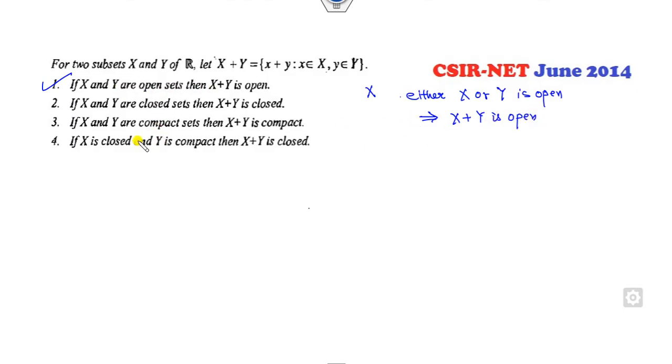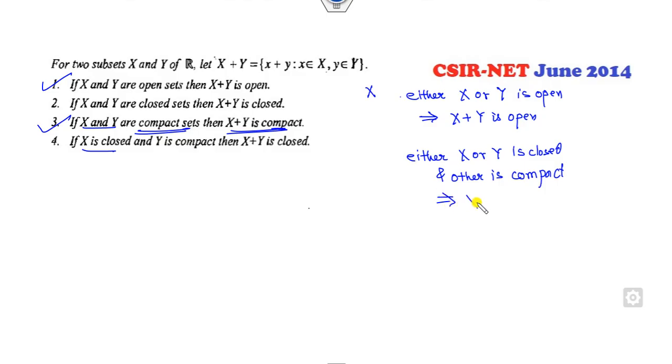Similarly, if x and y are compact sets, then the sum will also be a compact set. If either x or y is closed and the other is compact, then the sum will be closed. So this option is also correct.